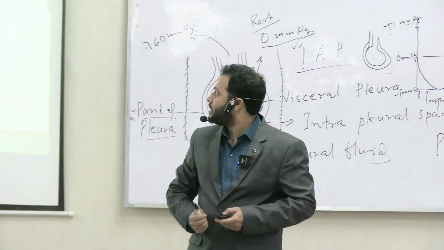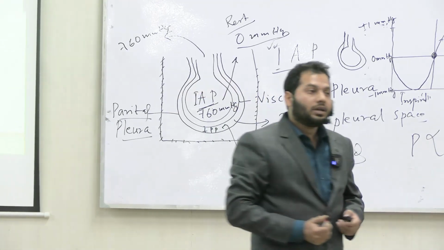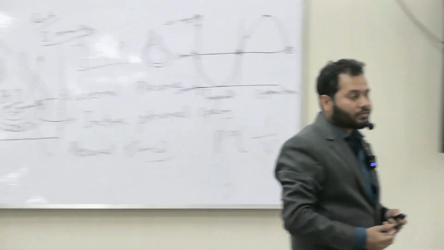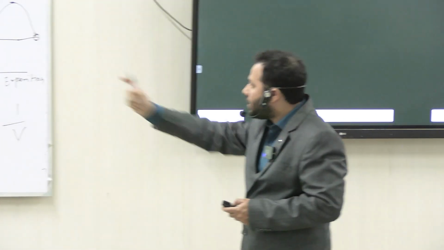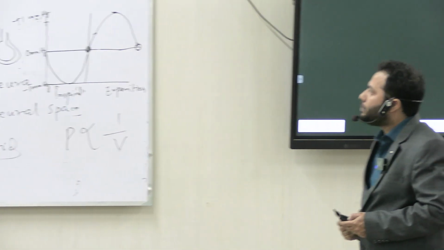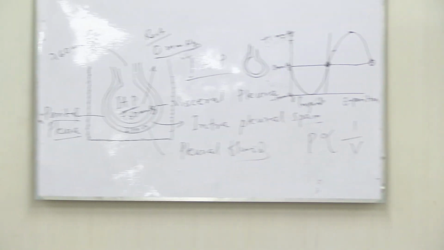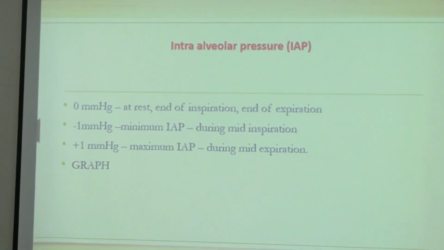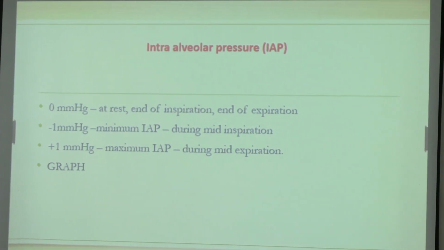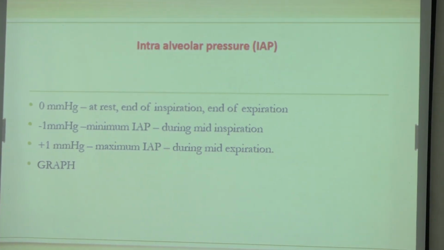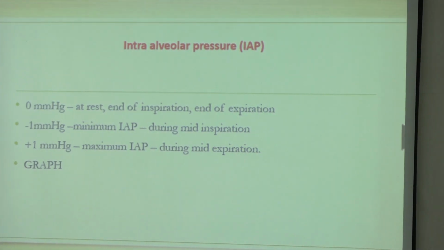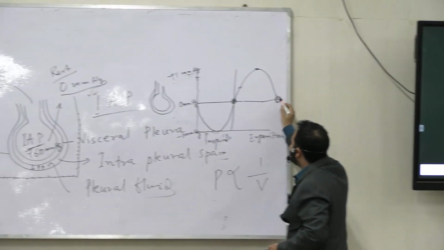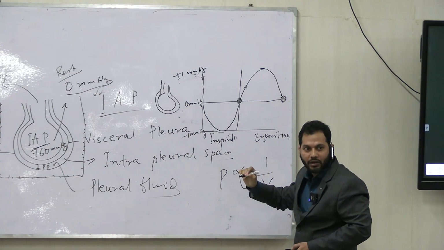On the other hand, as I mentioned, there is a very important key point. The pressure at rest is 0 millimeter mercury. End of inspiration, again, pressure is 0 here. And end of expiration, pressure is 0 here. Right?